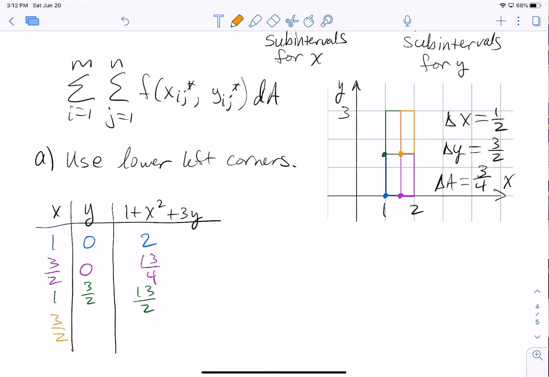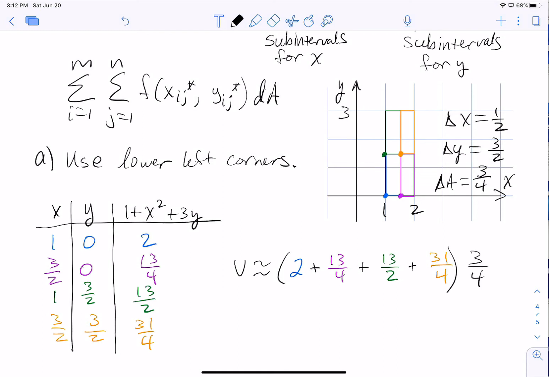And (3/2, 3/2) maps to 31/4. Our volume is then going to be approximated by the quantity 2 plus 13/2 plus 13/4 plus 31/4 times 3/4, our delta A. The arithmetic is that the volume is approximately 117/8, which equals 14.625.